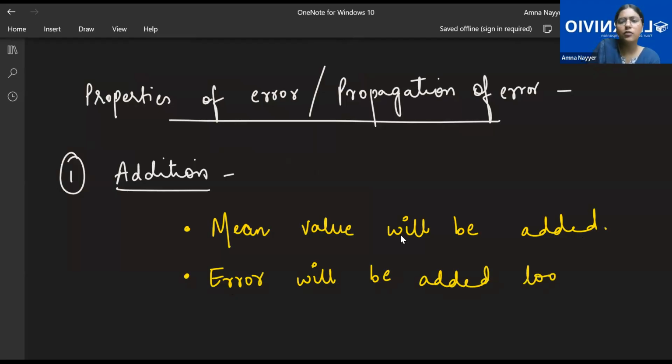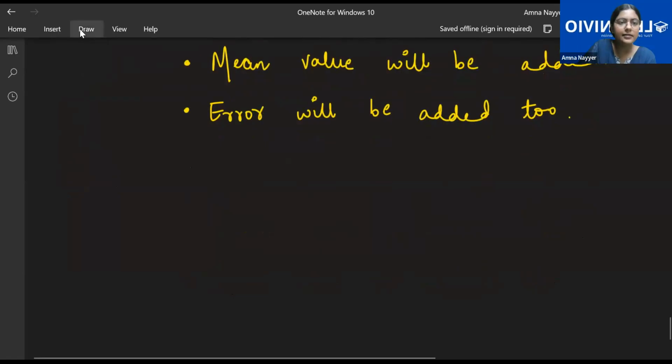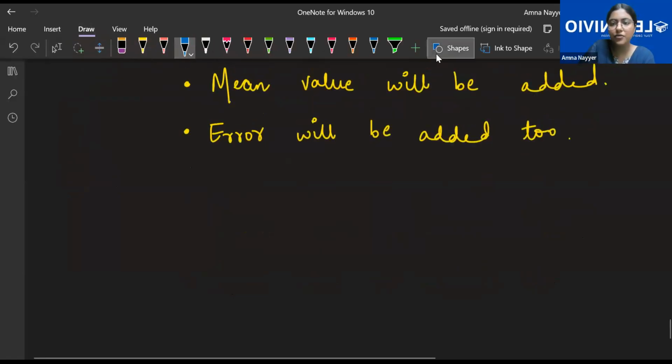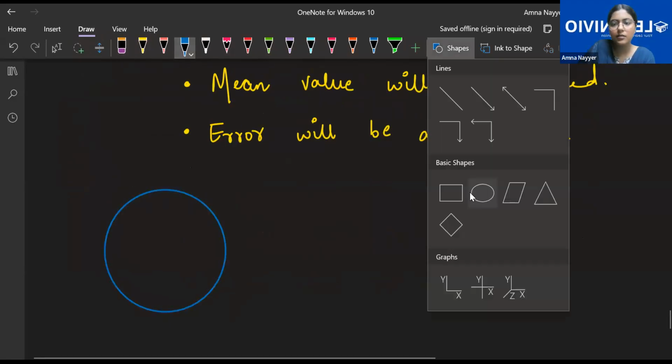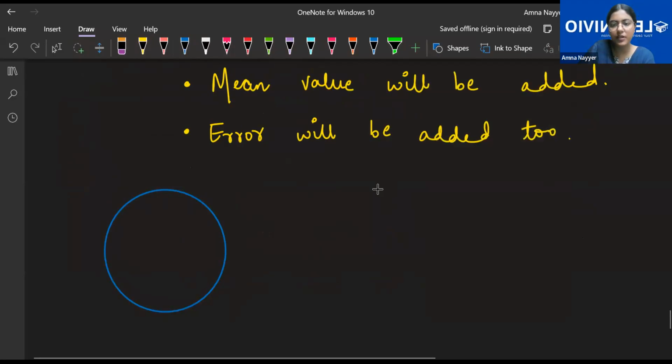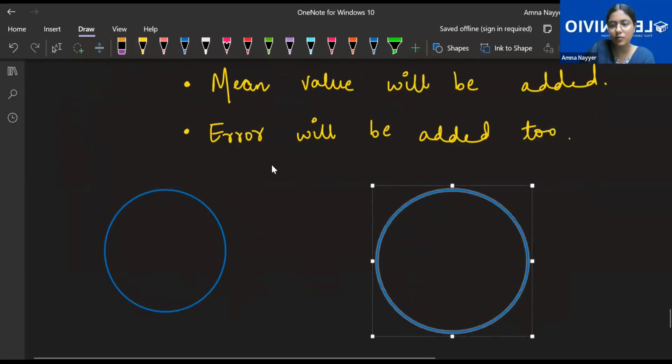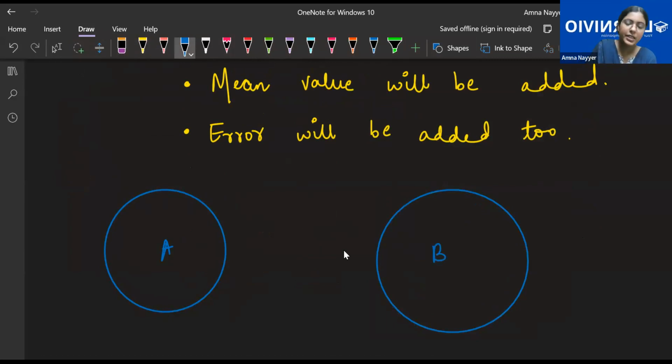For example, let's say we have two spheres. This is one sphere and one more sphere we have. This is the sphere A, this is the sphere B.